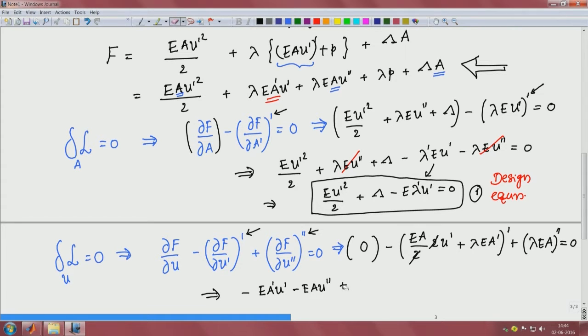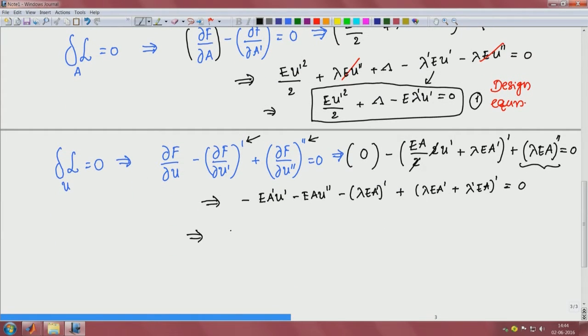In fact, it is also minus, not plus. The other one I will not expand because I know that it gets cancelled with the thing that comes out of this term that has double prime, where we take the derivative twice. The first time we will get this is A prime, by the way. So we have lambda E A prime plus lambda prime E A, and then we will have prime of that equal to 0.